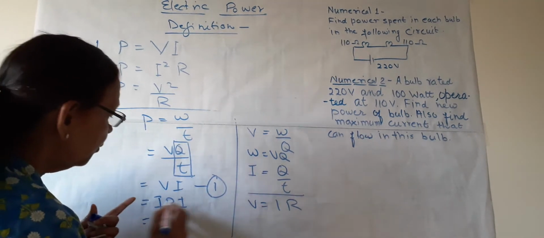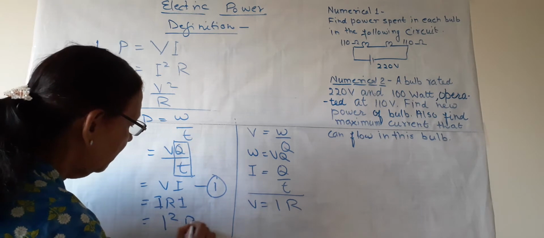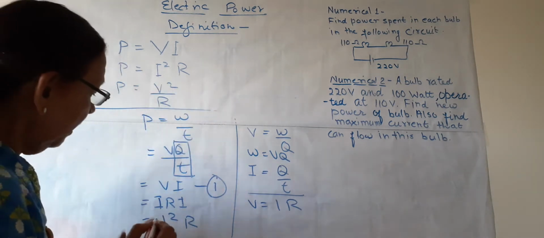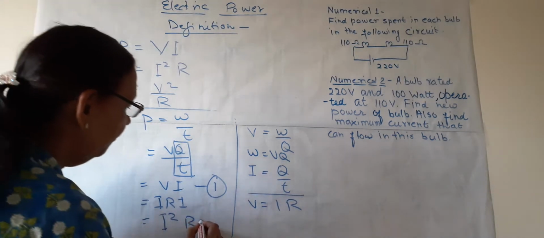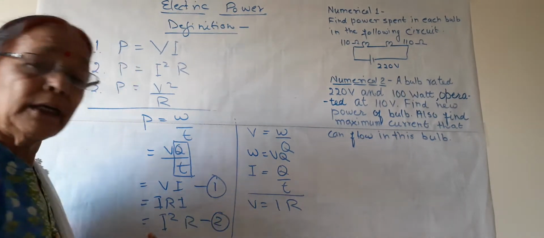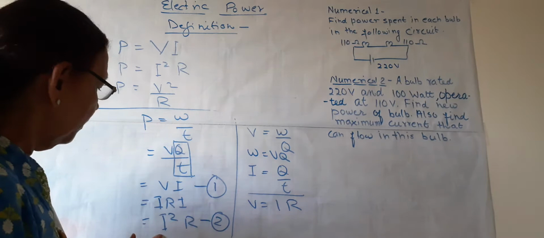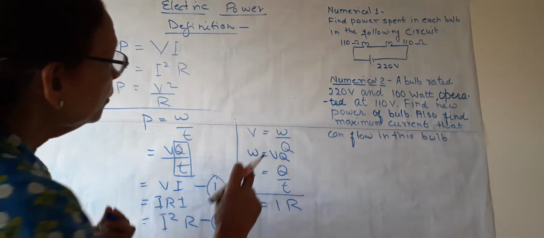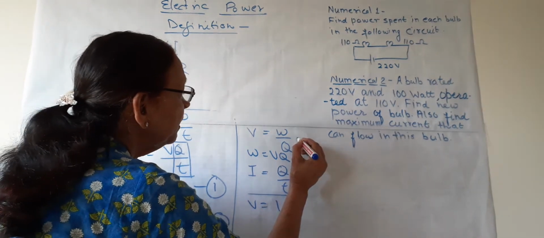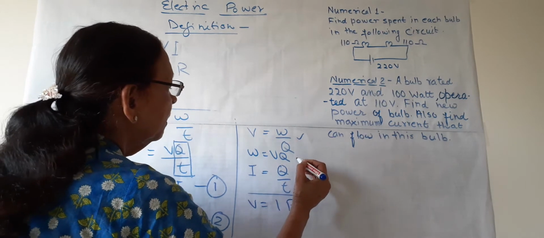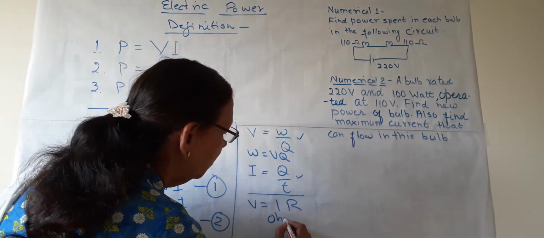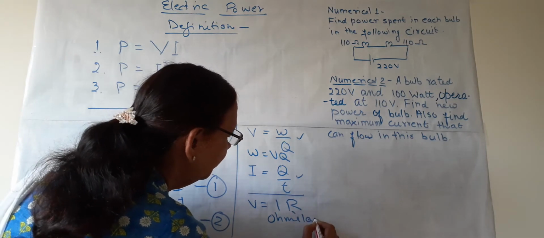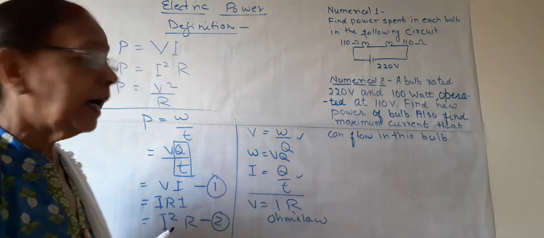What is it? Two I's, I square R. The second formula, I square R, is derived from this VI. So you should remember V is equal to IR, and this is Ohm's law.